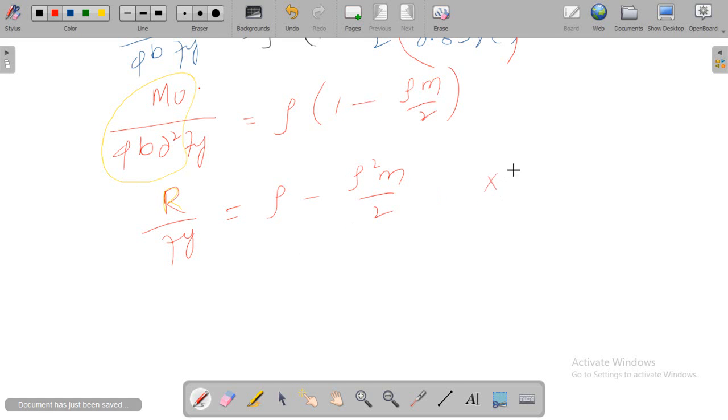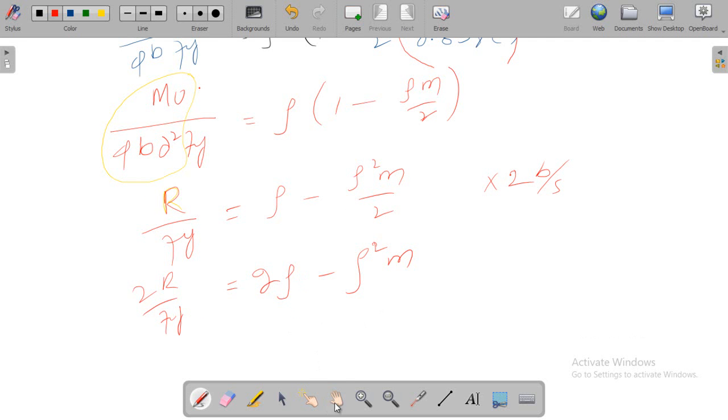Multiplying 2 on both sides, we have 2R divided by Fy equals 2 rho minus rho square into M.